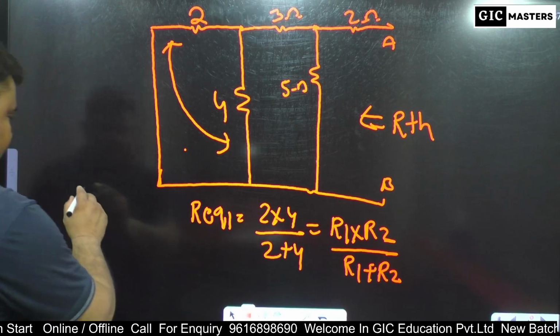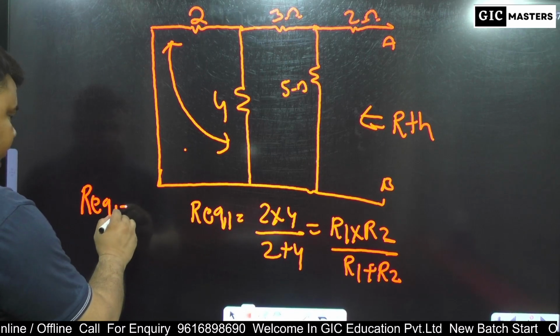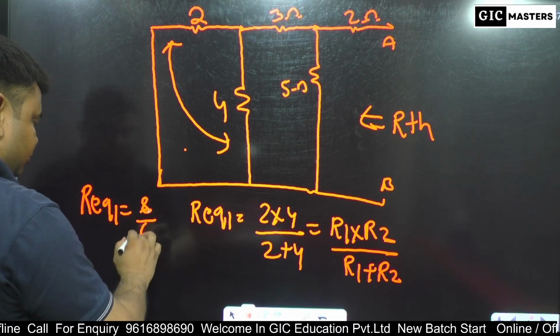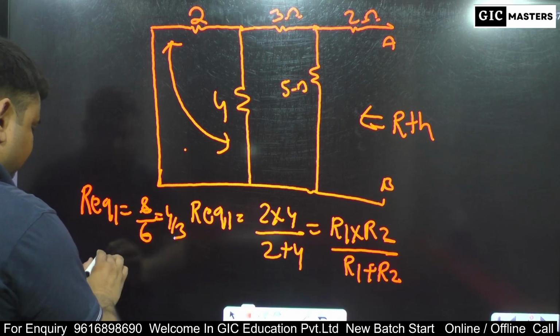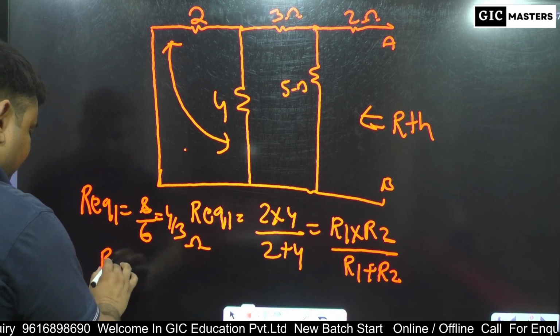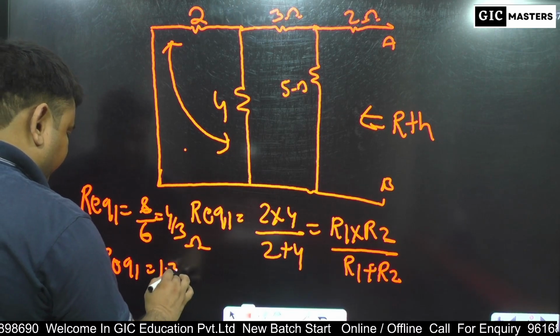So R equivalent 1 equals 8 by 6, which is 4 by 3. It means R equivalent 1 equals 1.33.